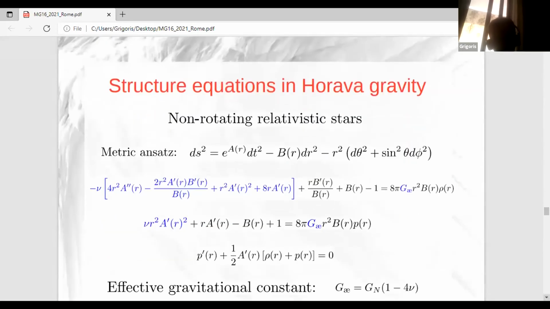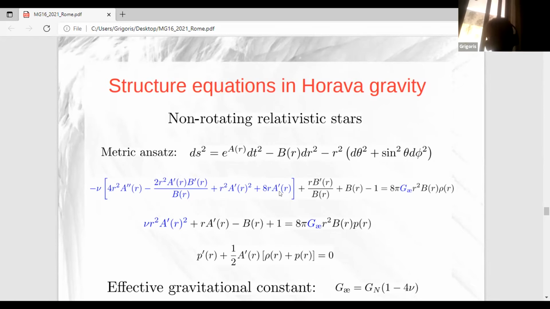Now, if one is interested in non-rotating, electrically neutral objects, this is the general metric for the gravitational field. And the continuity and fluid equations remain the same.